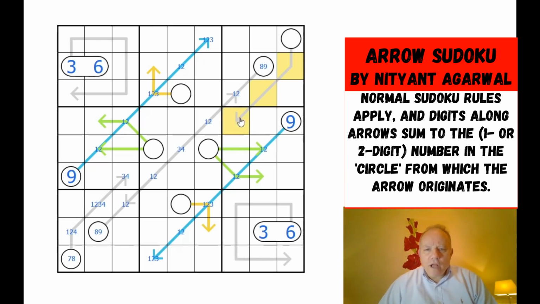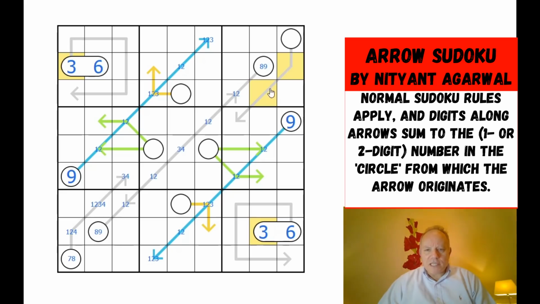Oh, look! This is where the symmetry changes. It's not symmetrical because, of course, 3 there is not symmetrical to a 3 there because of the way we write 2-digit numbers. What I'm saying is that these 2 3s actually rule out both of those cells from being a 3.